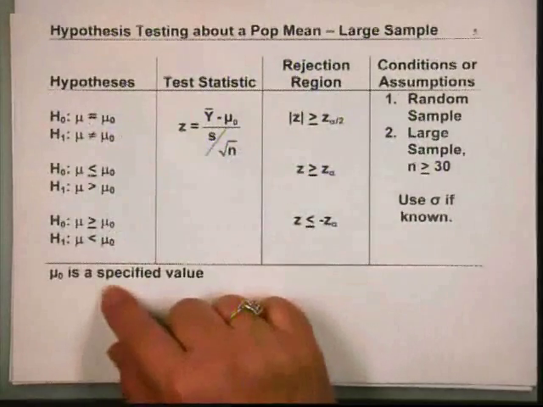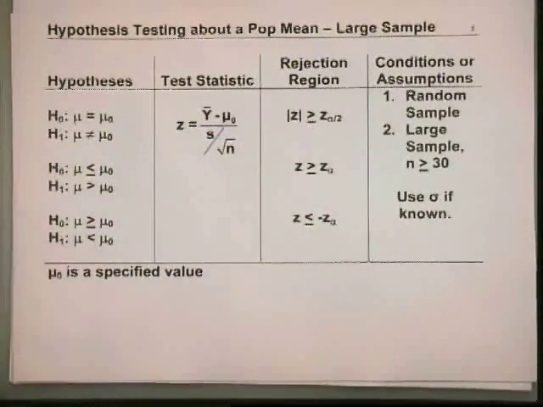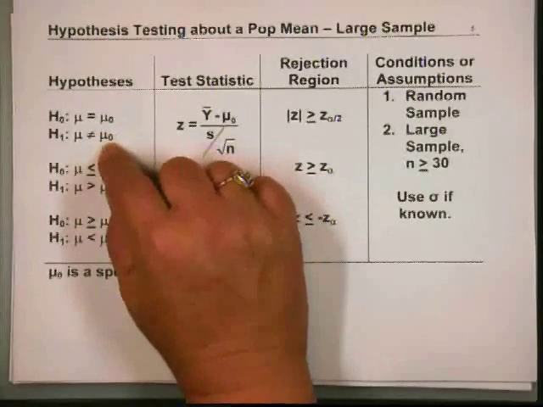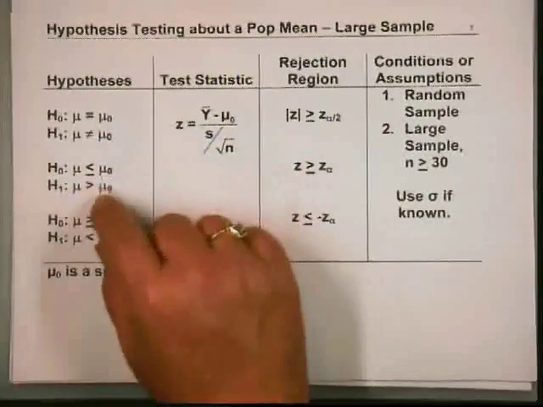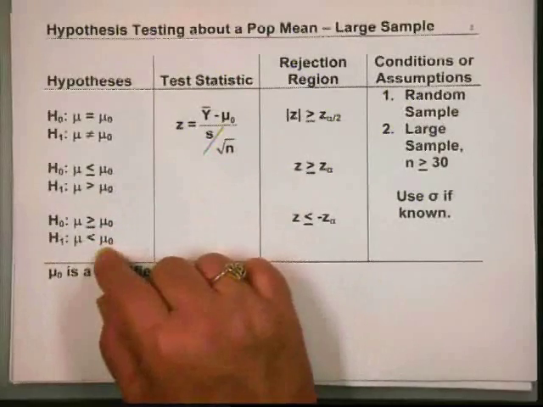So that's why mu naught is usually when you see a 0 subscript, we saw that before with the normal distribution when we defined z naught and those things. All right, so I mean the same thing here. It's some specified value. So we can say that the population mean is equal to a specified value, or it's something different. We could have that it's something greater than that specified value in the alternative, or it's something smaller.